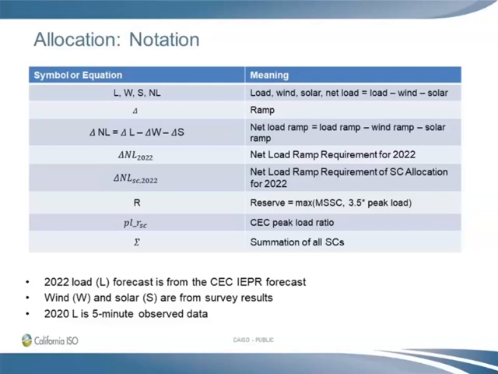The L, W, S, NL are kind of standard: load, wind, solar. NL is net load, which is load minus wind minus solar. The ramp, or the difference from one time point to another, I use the symbol delta. So naturally, the net load ramp is equal to load ramp minus wind ramp minus solar ramp. I add a little year there to indicate this requirement.